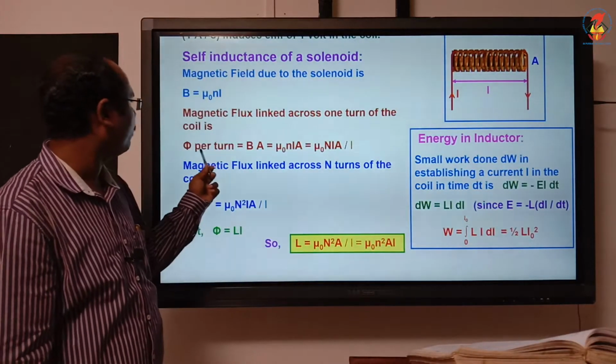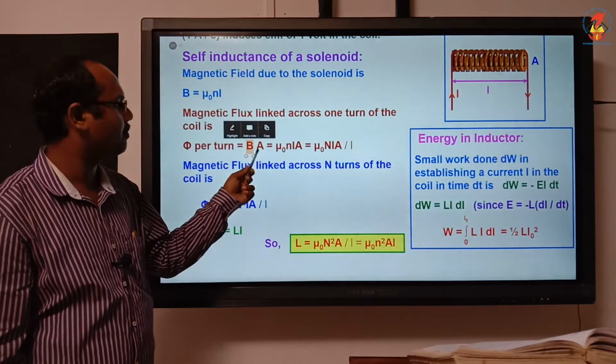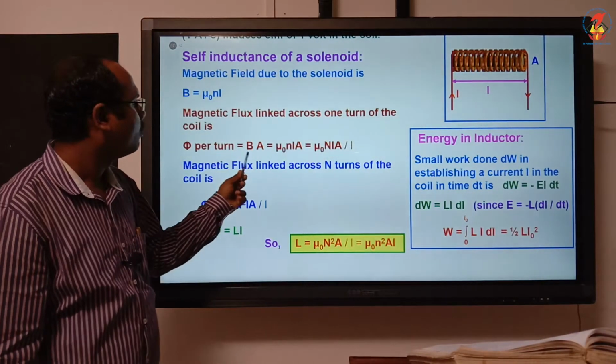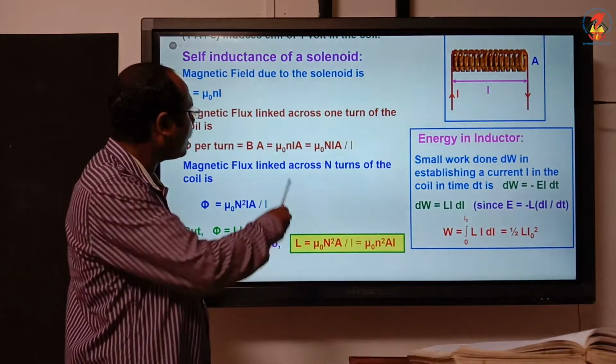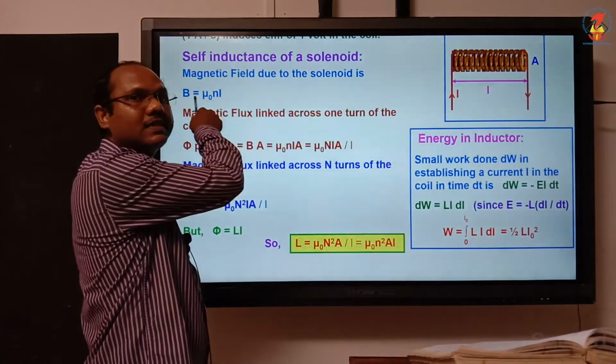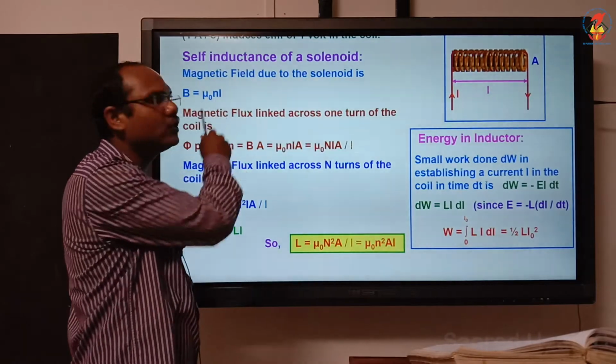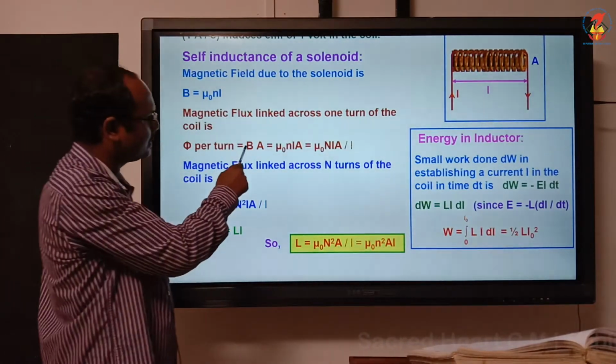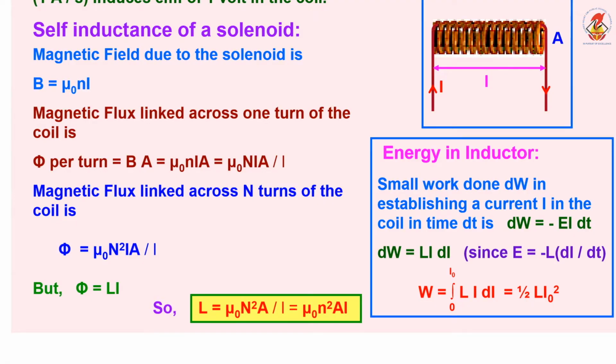Our equation is phi is equal to B into A. And what is B? It is mu 0 n i. So instead of B I will put mu 0 n i into A. And small n is equal to capital N divided by L, so I got the equation like this.